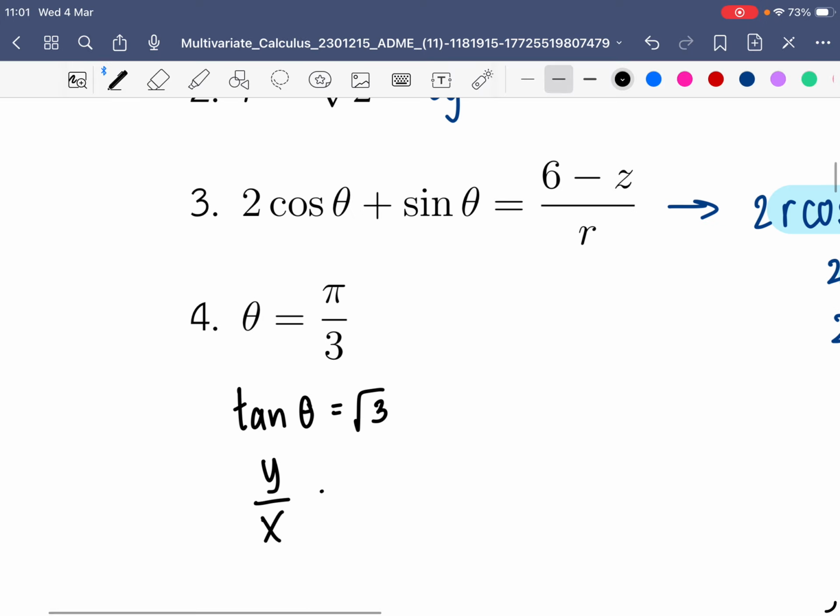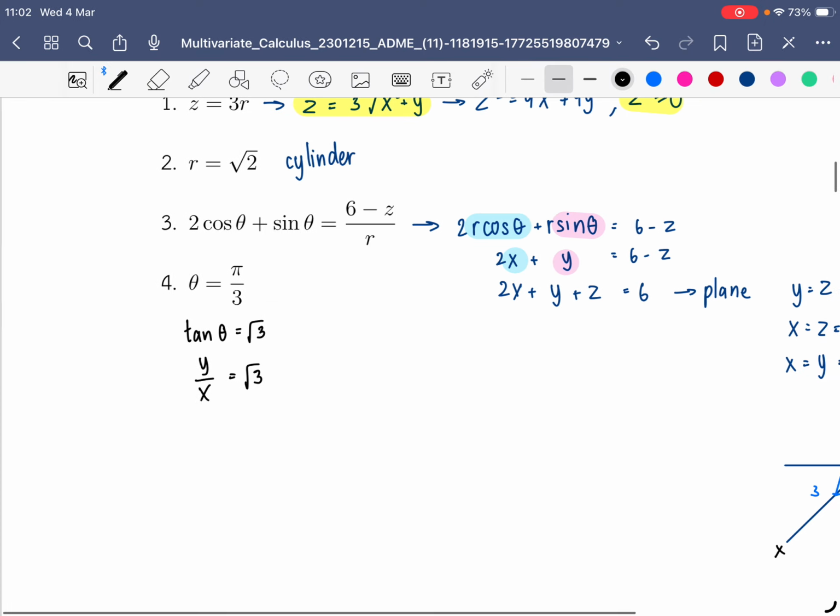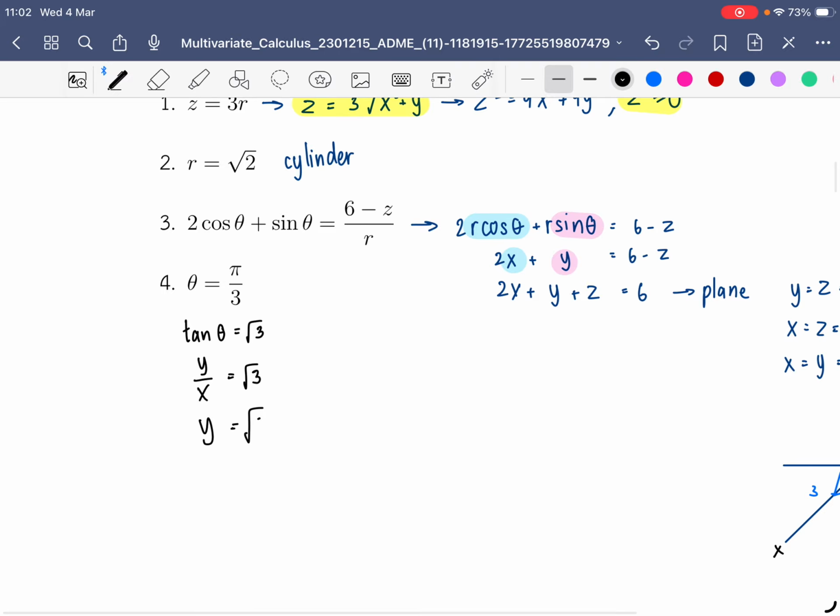But this one is a little bit scary, because if we consider theta being pi over 3, it will mean that both x and y must be in the first quadrant. So the cases of y and x being negative are not counted here.